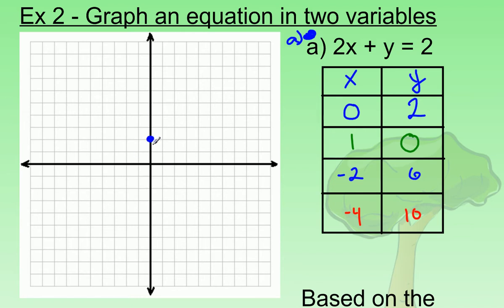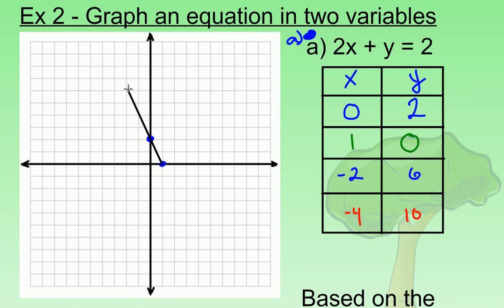I don't know where this line is going from here. I don't know if it's like this or this, but I do know it's crossing the y-axis. Our next point, 1, 0. That's the x-axis.